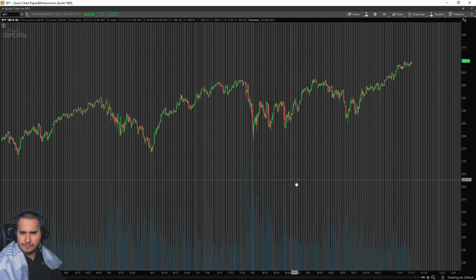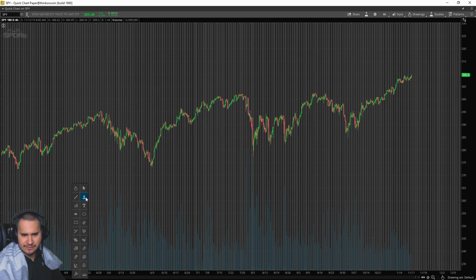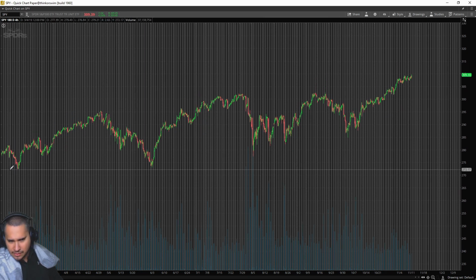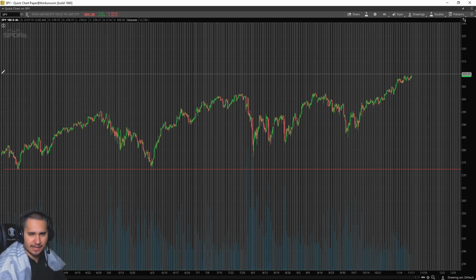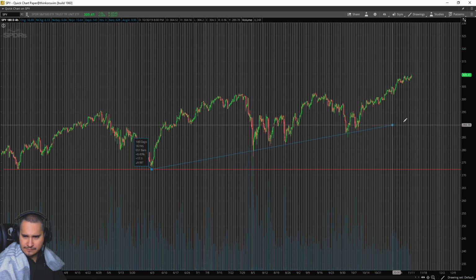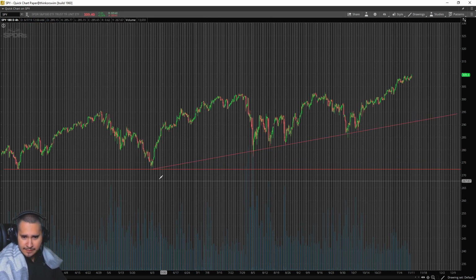All right. So first things first that I like to do, I like to draw my low points. So the lowest that it has been in the past 180 days, and the highest that it's been, which is now at 309. I'm not gonna draw the high point. I am gonna draw another trend line. Excuse me.